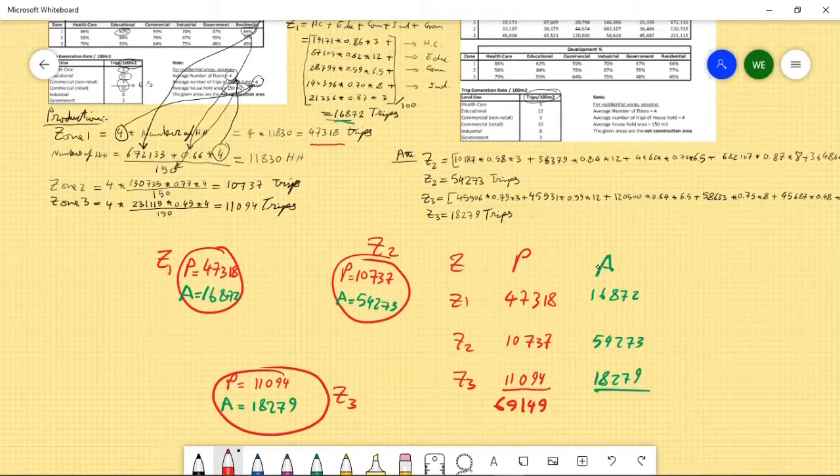For the attraction, we have 94. How much? For attraction 94,424. Okay. As you can see, the attraction is much higher than the production.